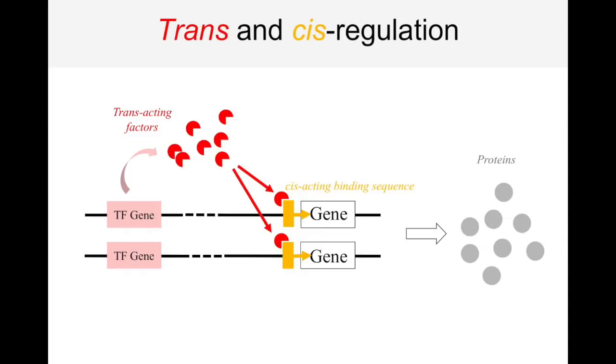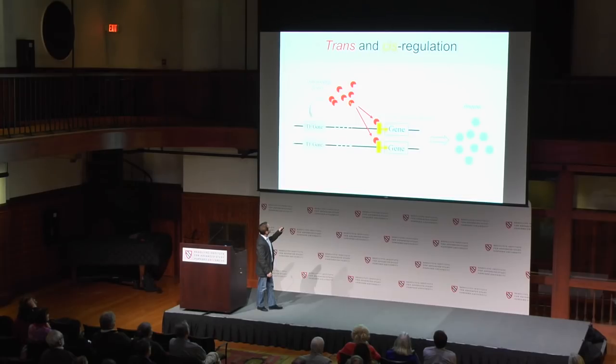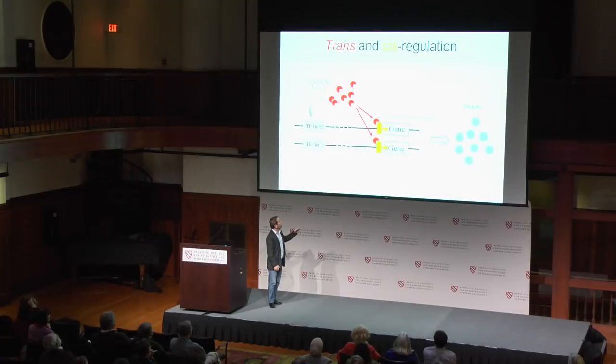And the control will be in part due to trans-acting factors, that is molecules that float around in the nucleus and bind to those sequences. But the important point is that if you've got a molecule floating around, it can bind here, and it can also bind here. So trans-acting factors act on both homologs, on both chromosomes, whereas cis-acting factors only act on the gene they are sitting next to. That's the only, but very important, difference between the two.